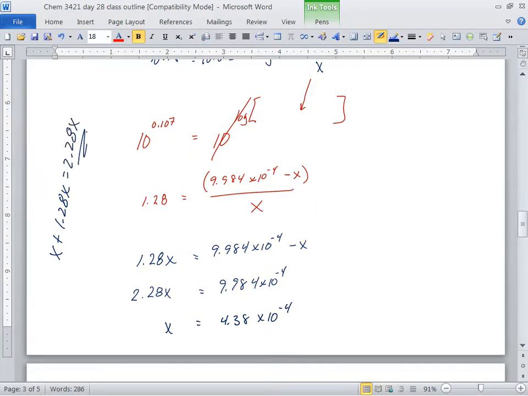So we'll get your x, recognize what it is, and then calculate the final answer. So combine these two, and then divide both sides by 2.28.